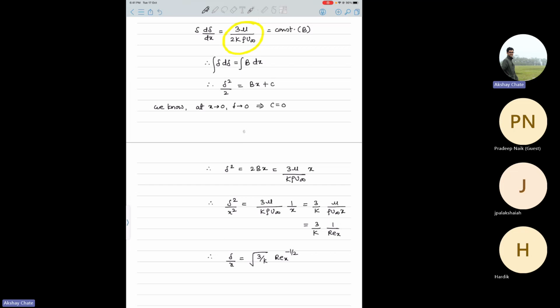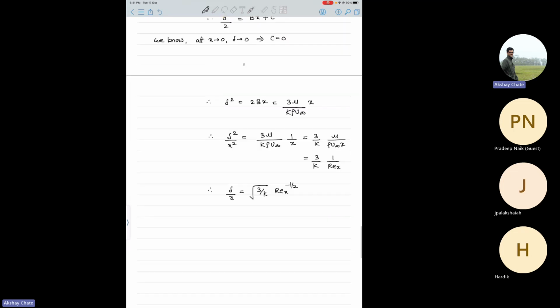And if you take the root of this number, you get 4.64. So therefore delta by x is 4.64 Reynolds number to the power minus half, and this is the famous approximate solution for the boundary layer.